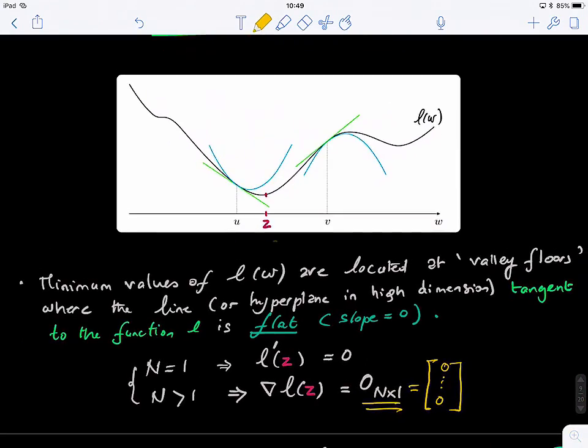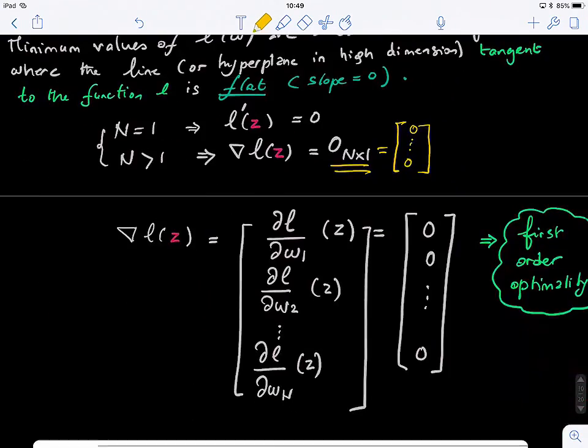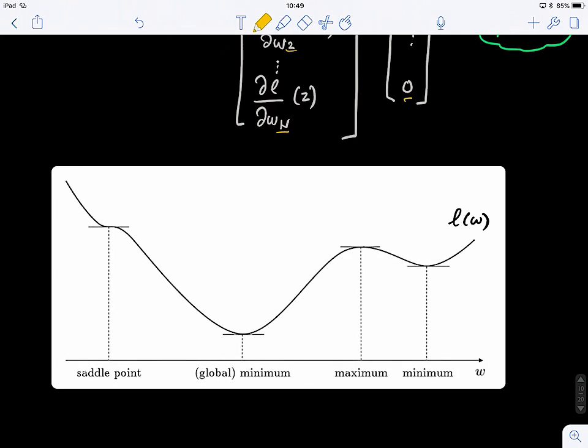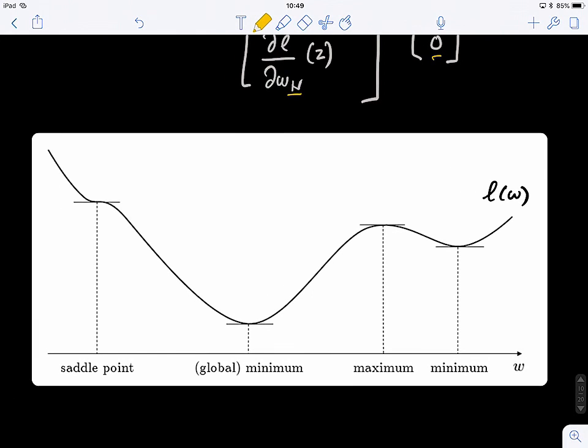Do you guys think it's enough? So let's look at this. This is exactly our gradient, how we're computing it along all directions, and it's taking 0. So this is our condition. This is what we want to solve. But let's look at this case. What do you guys see here? We have many points where the gradient is equal to 0, right?